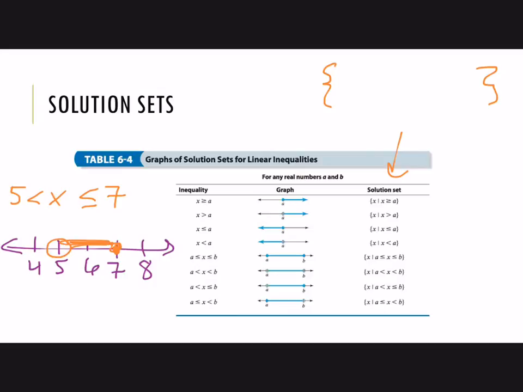So your solution would be all of the x such that, and then you just write what the final inequality is. The one that I just did on the left, we would say the solution is all x such that 5 is less than x is less than or equal to 7.